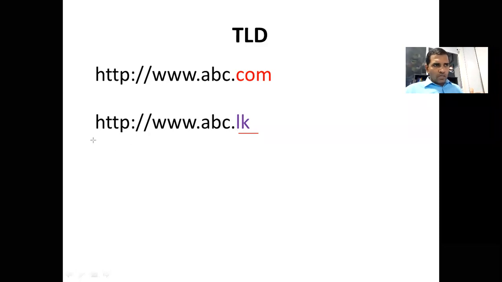So in the second URL, the nature of the organization or the type of the organization is not represented. So the first one, the one which is in red color, is generic TLD. The second one, that is LK, is country TLD. Okay.